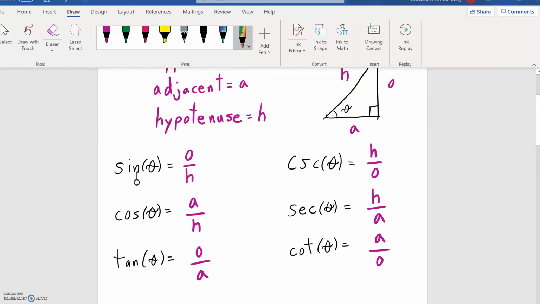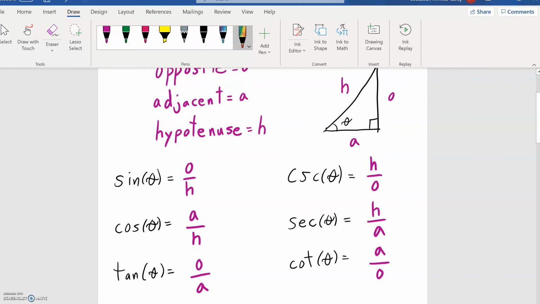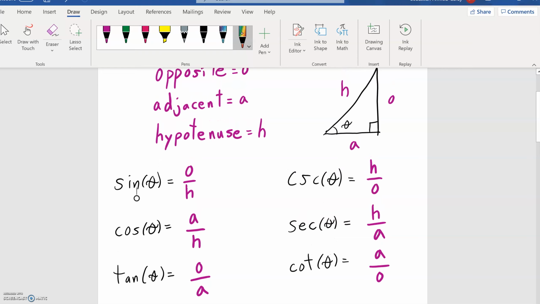You will hear me say this a lot throughout this trigonometry portion of the class. The way my trig functions work, I plug in an angle, I'll call it theta. My output is a ratio, meaning a fraction, of two sides of a right triangle. Which two sides those are is dependent upon the trig function.